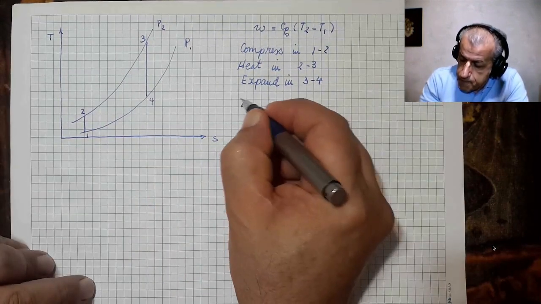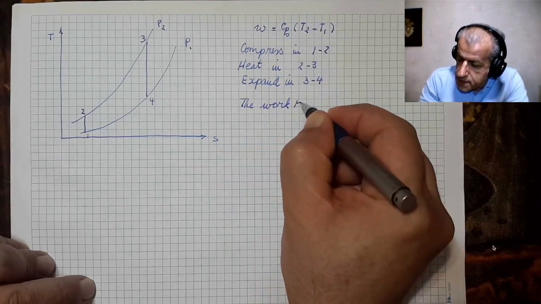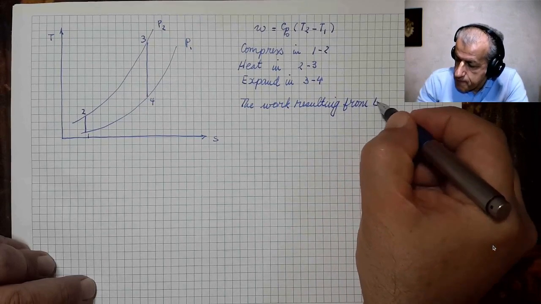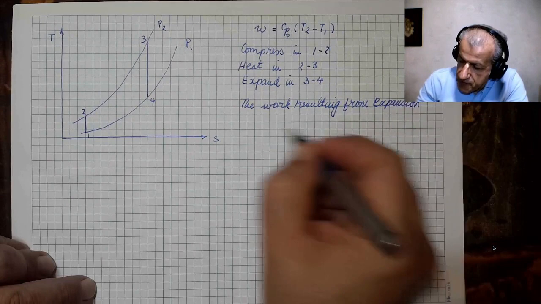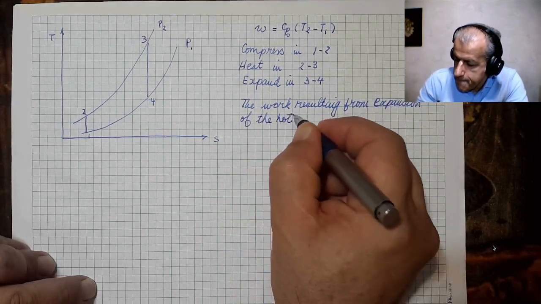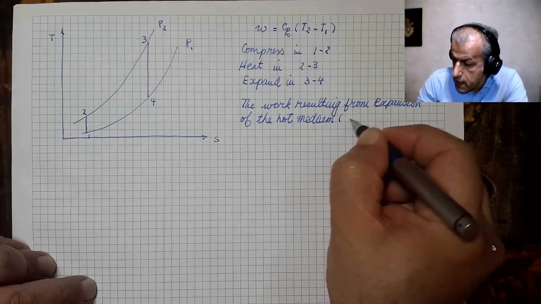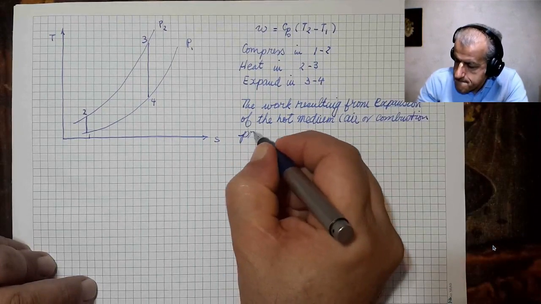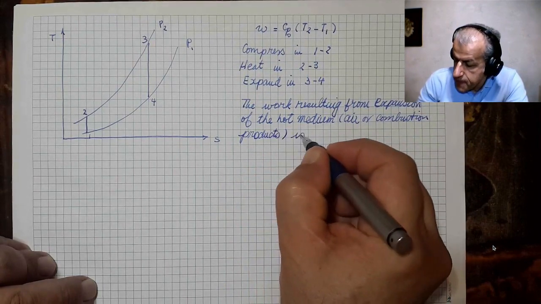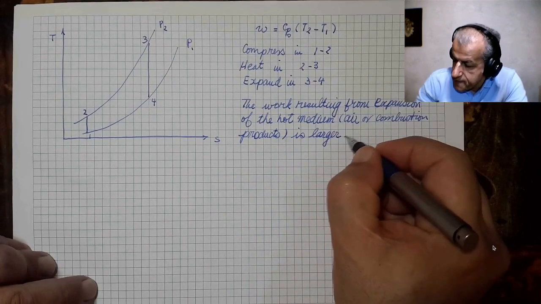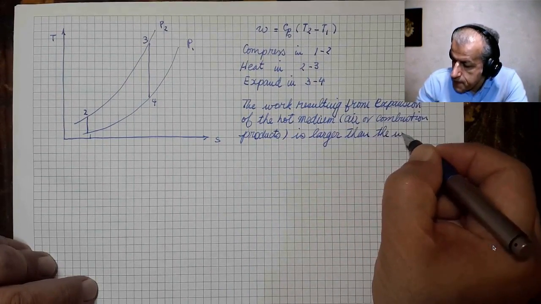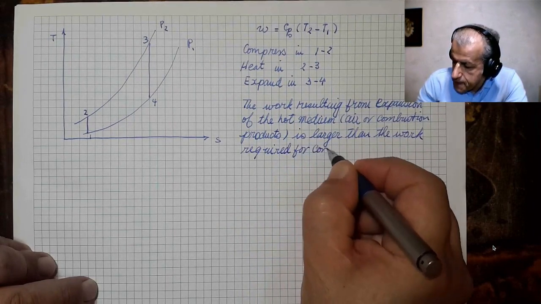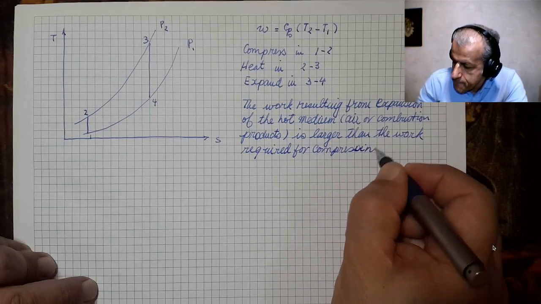So the work resulting from expansion of the hot medium, usually air or combustion products, is larger than the work required for compressing cooler medium.